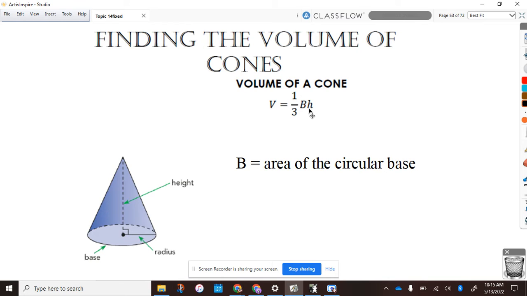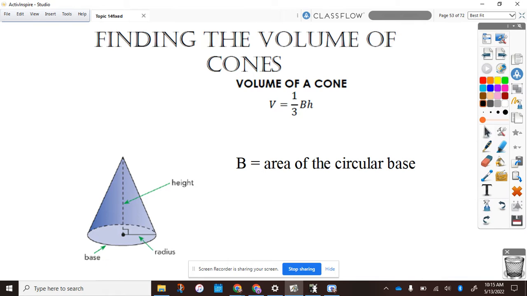The only difference here is that instead of finding capital B as the area of a triangle or the area of a trapezoid or a rectangle or whatever it is, we are always going to use pi r squared for capital B. That's because on all the cones that we're going to be talking about, the area of the base is just the area of that circle down at the bottom of it.